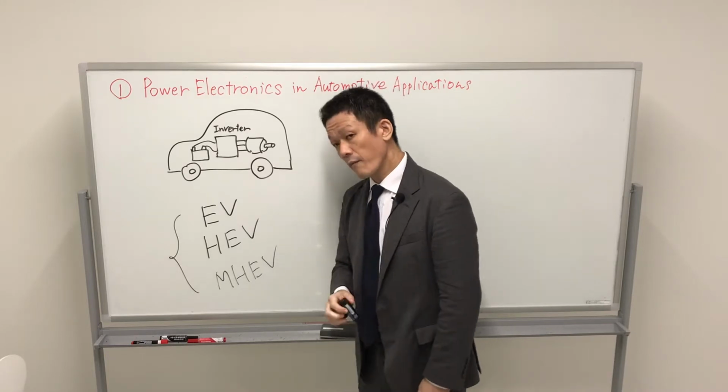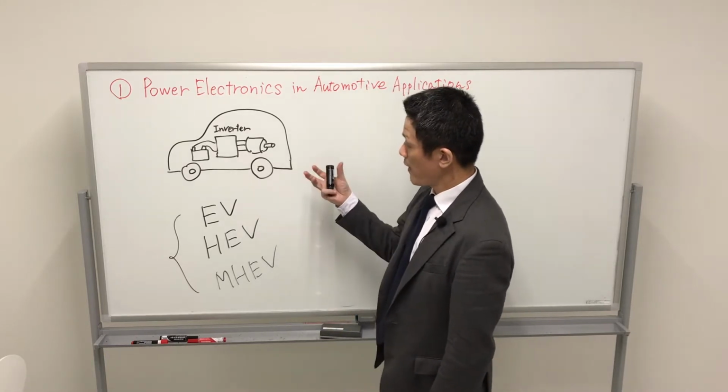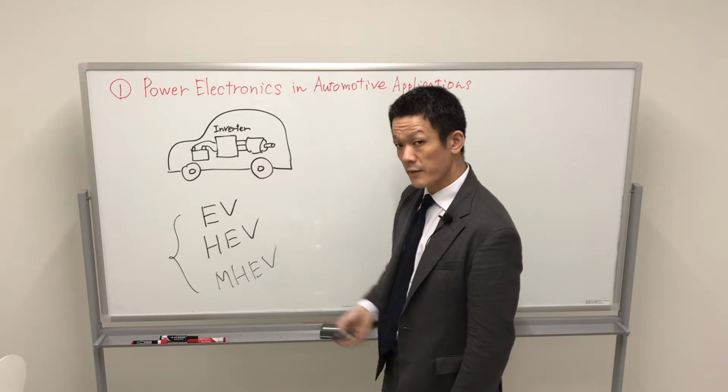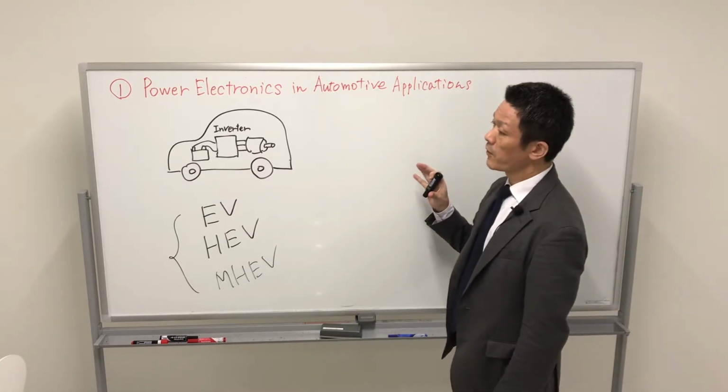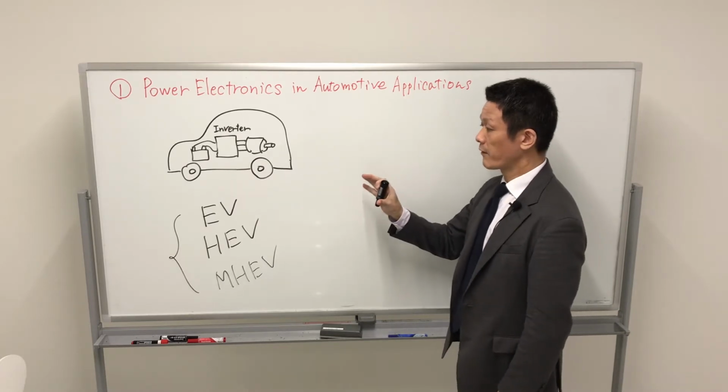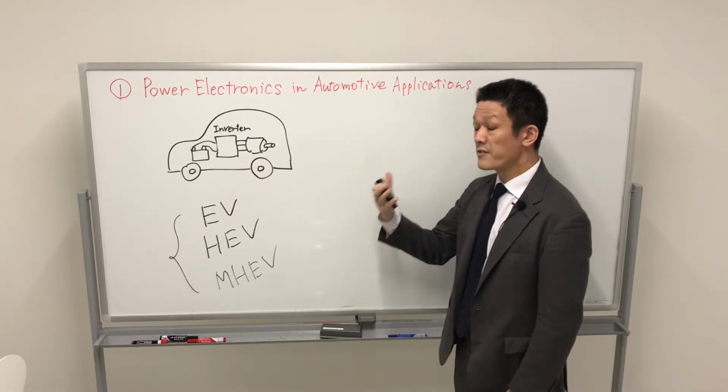And each vehicle has power electronic systems. Usually the horsepower of the vehicle is mainly from the engine.